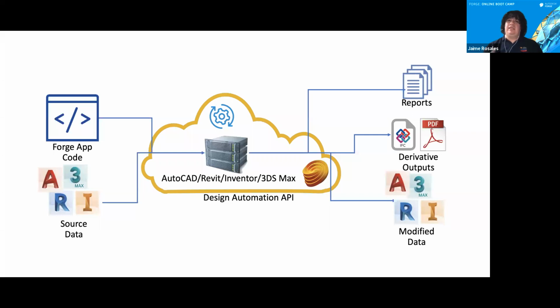And as a result, design automation with your plugin has an output of whatever you are expecting. It can be a combination of the files on the right side, or only one of them, like a new Revit file that contains all the data that I sent, combined with the source data that I wanted to send for my design file. This is exactly what we're going to be doing today.